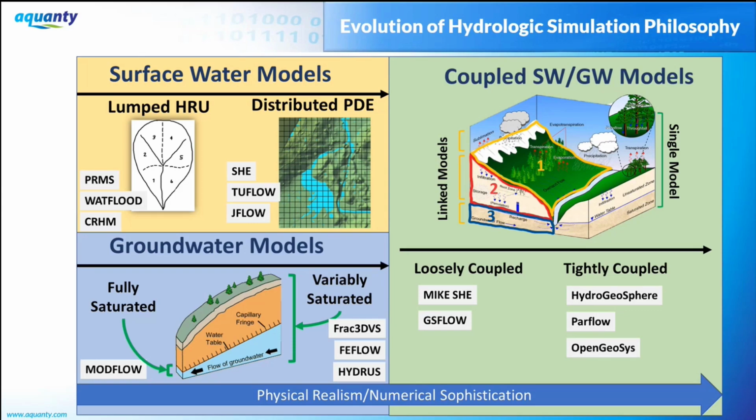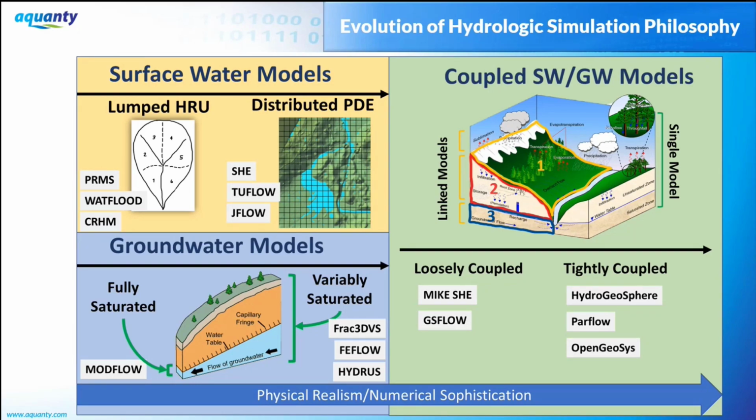Examples might be the USGS Precipitation Runoff Modeling System, PRMS, and WATFLOOD, which originated out of the University of Waterloo, from a former professor of mine. I think a version of it is now called MESH within Environment Canada. The Cold Regions Hydrological Model out of the University of Saskatchewan. But they typically don't include groundwater.